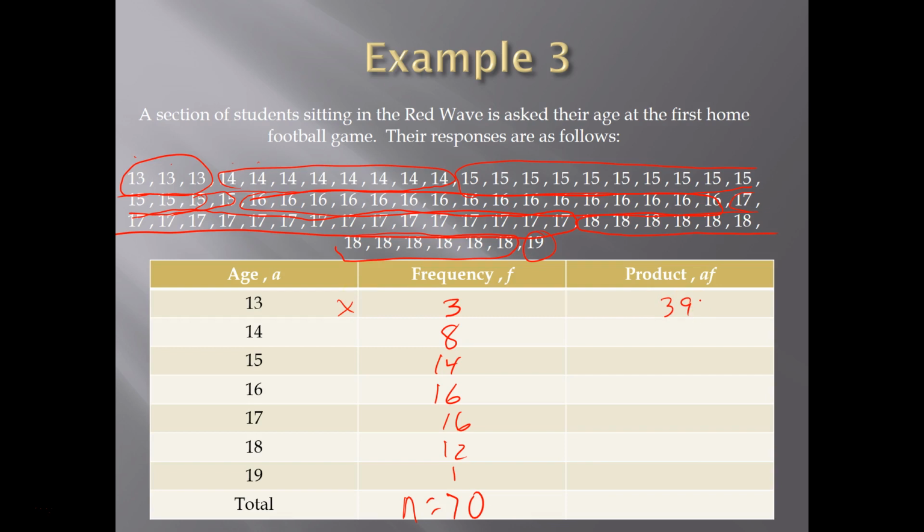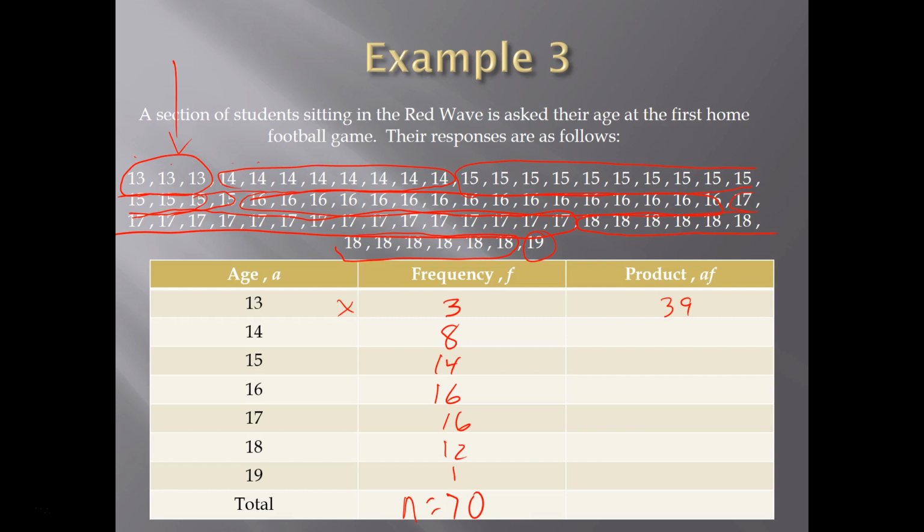Now why did I just do that? What I really did was find the total age of all the 13-year-olds. Because remember, there were 3 13-year-olds. If I added 13 plus 13 plus 13, I would get 39, which is pretty easy to do in your head.